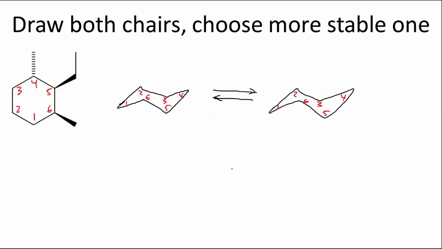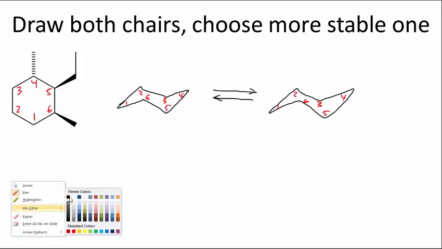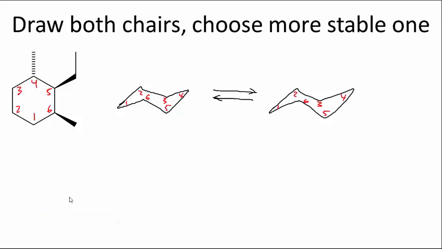For this next molecule, here we've got, again, I chose not to have substituents on my back carbon, so carbon 4 has got a methyl group that's going to be equatorial, so it goes down. Carbon 5, an ethyl group, that's going to be equatorial, so that goes down.